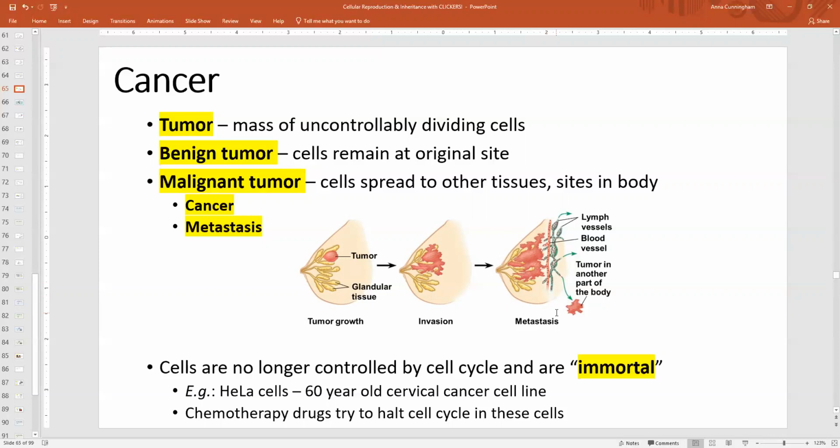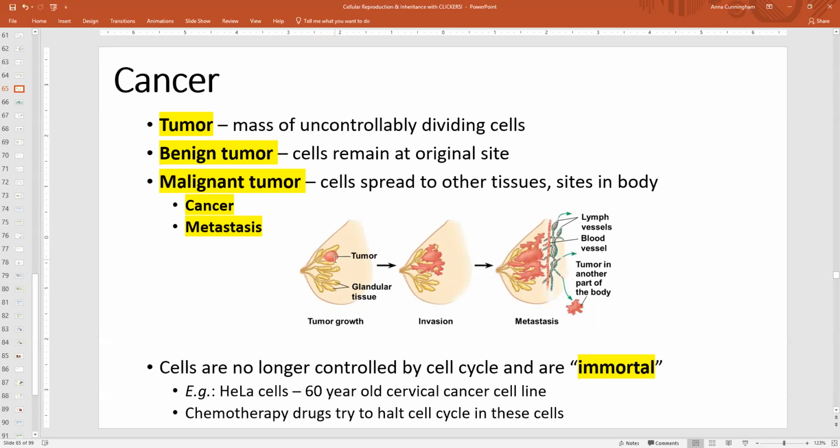So anytime you get a tumor around glandular tissue, that can be concerning because location-wise, it is very close to circulatory and lymphatic tissue. So you can see here in this breast tissue, you have the tumor growing around glandular tissue.